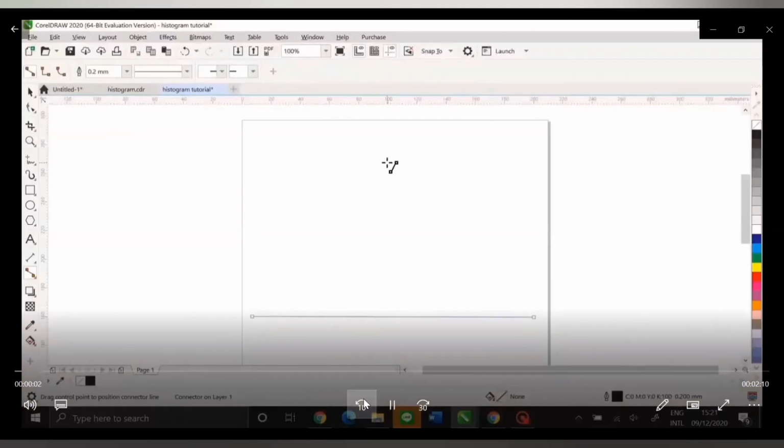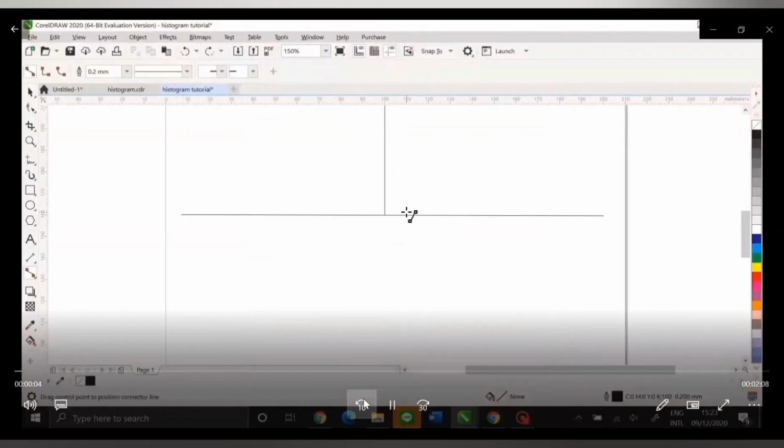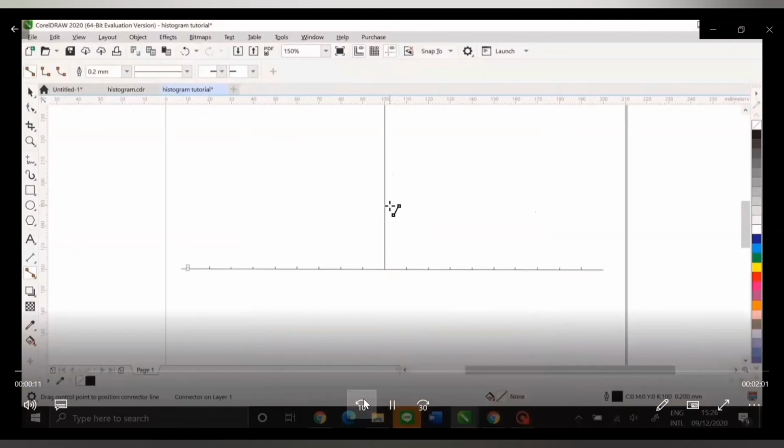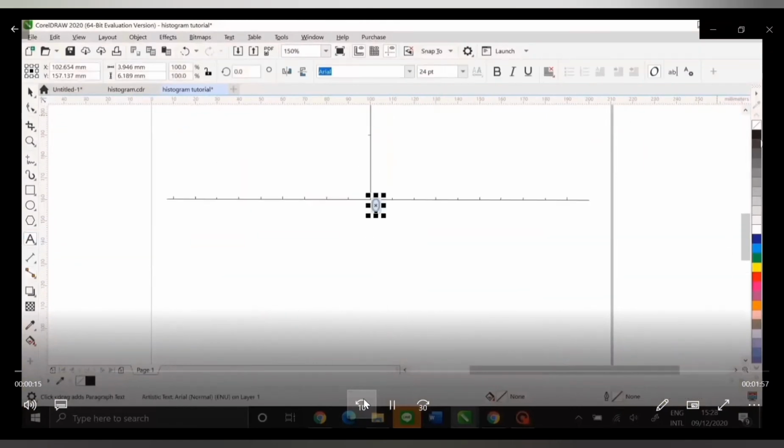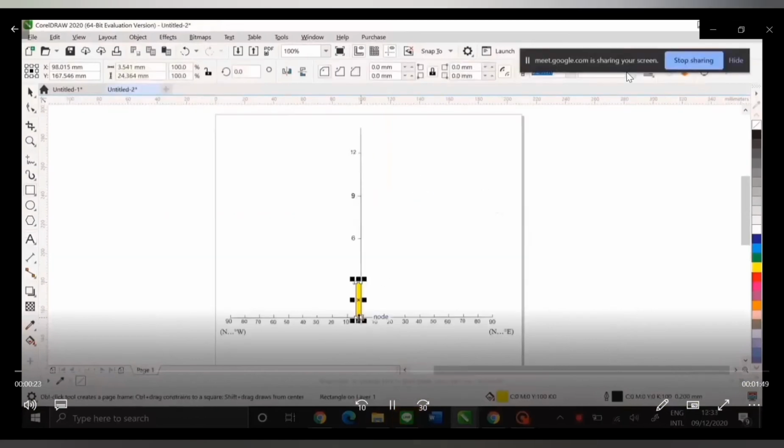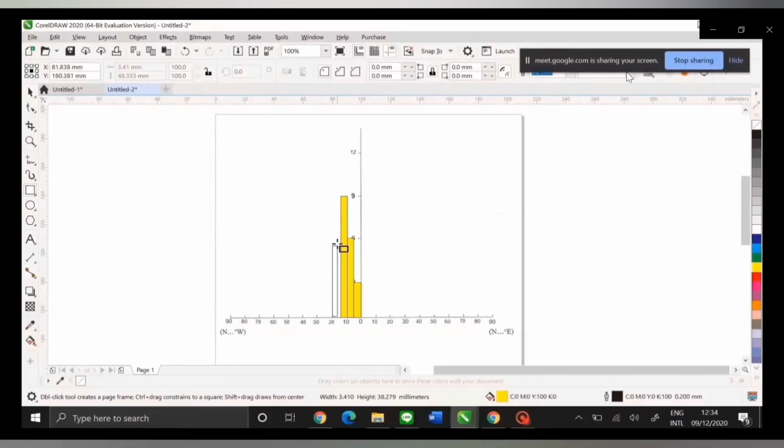This is the video of how to make a histogram. To make a histogram, the things that have to be done are to make a flat axis for the joint direction and a vertical axis as the percentage. The flat axis consists of north 90 degrees west until north 0 degrees east until north 90 degrees east. Make a scale according to the interval, or 5 degrees.